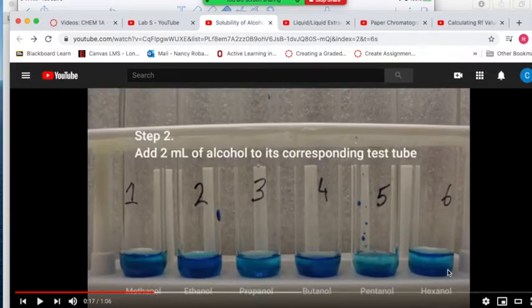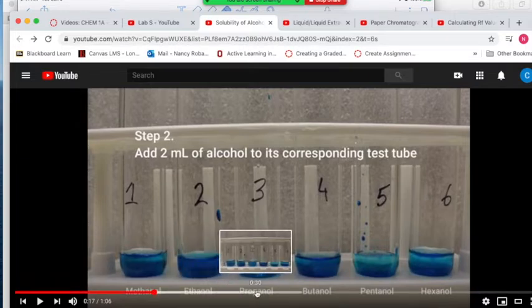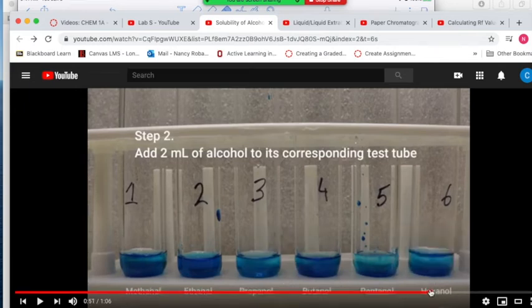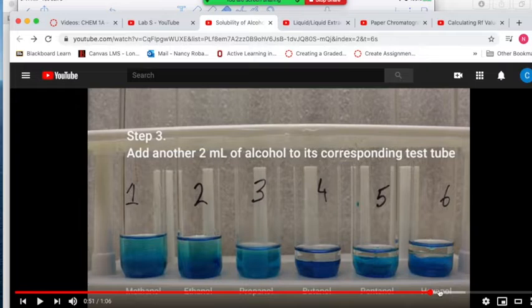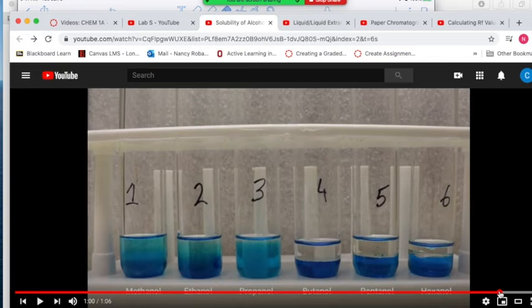Again, the blue is just to show off the water. It is very nice. To the end here.